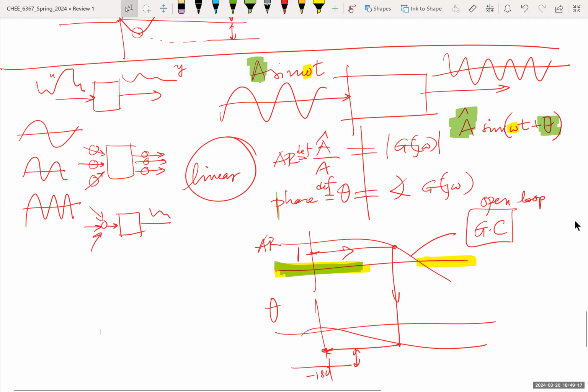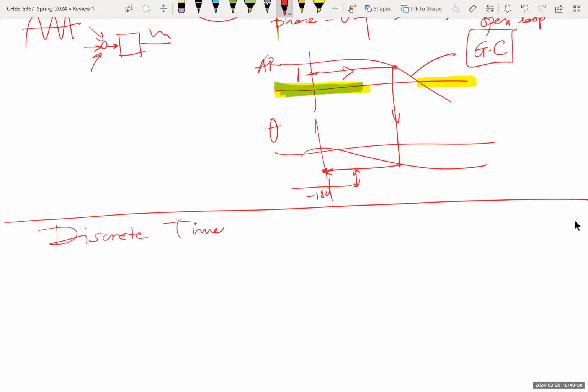There was also a discussion about discrete time systems. For discrete time systems, essentially the section that I have at the very end of the notes, let me find the corresponding page really quickly. So, discrete time systems.